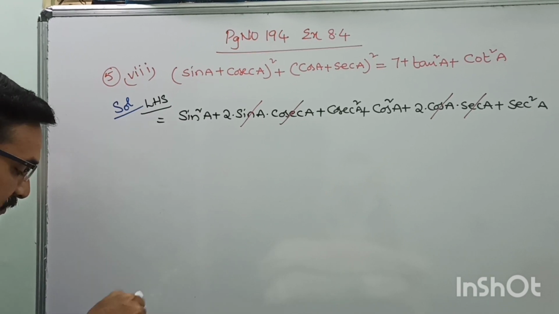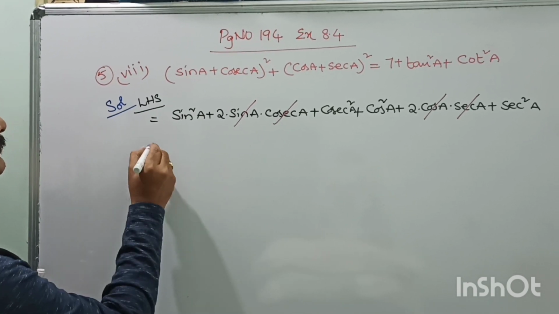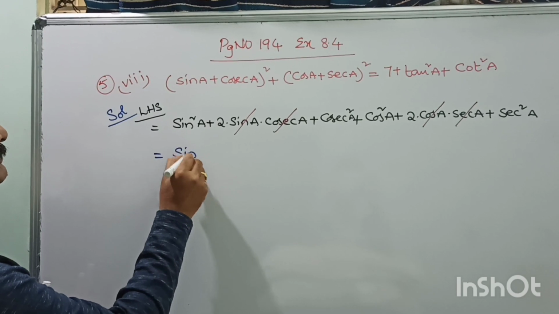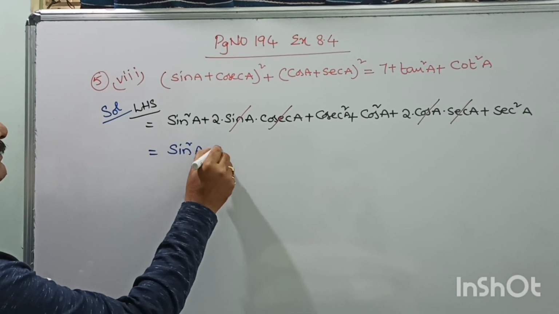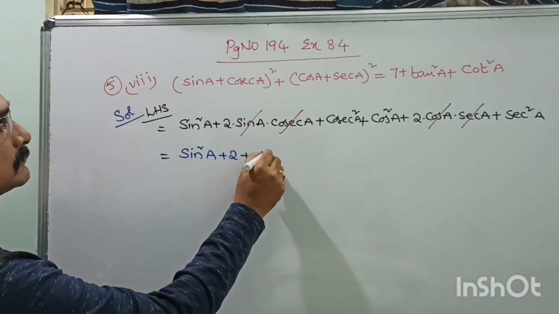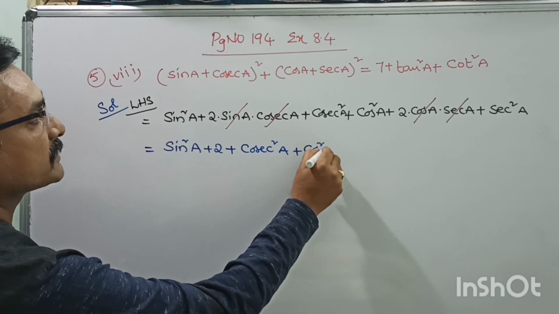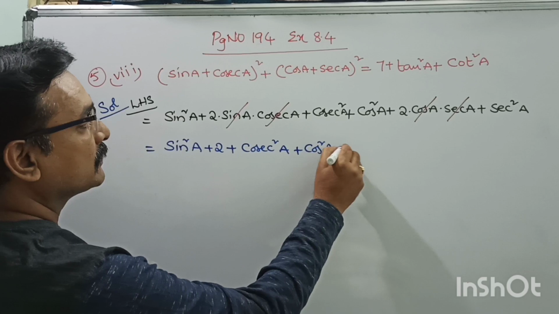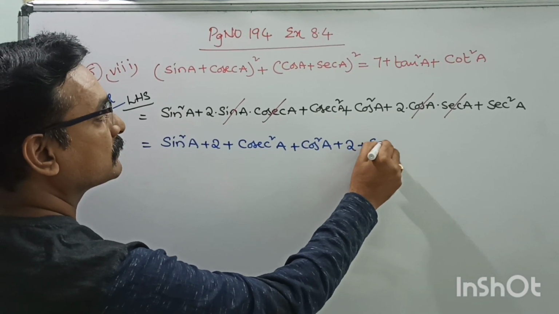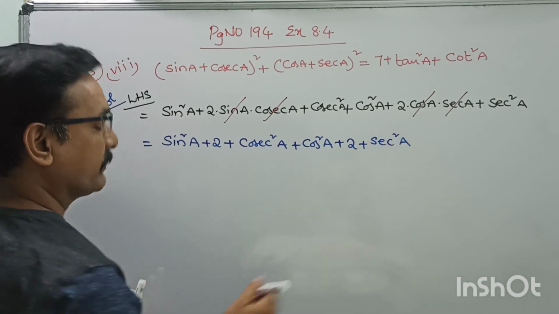Now the leftover terms we write here: sin square a plus 2 plus cosecant square a plus cos square a plus 2 plus secant square a.